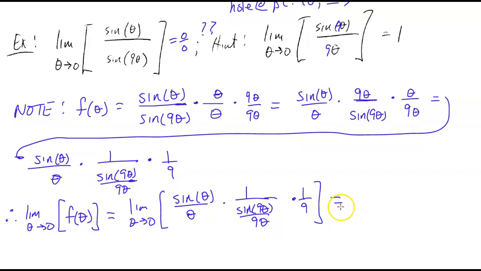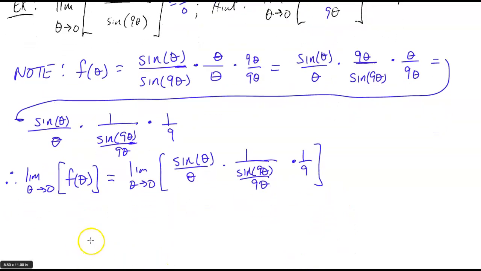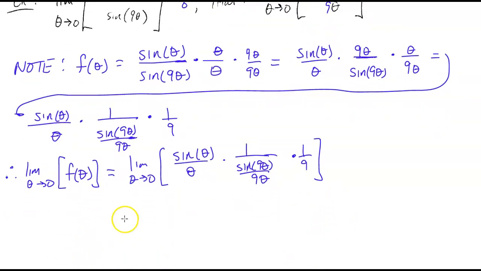So now what we want to do is we see that we have a product of two functions here and a constant. So we could rewrite this in a way to where we have the constant pulled out. And then for the product of these two functions here, we can just take the limit of both of those functions separately. So let's go ahead and do that. So I'll go ahead and erase this equal sign here, and we'll make some more room.